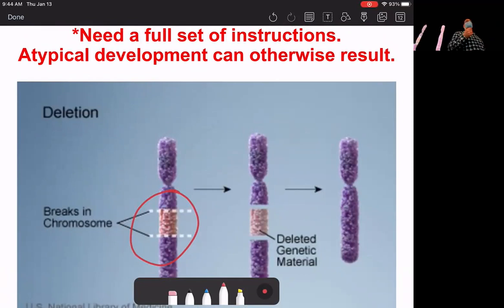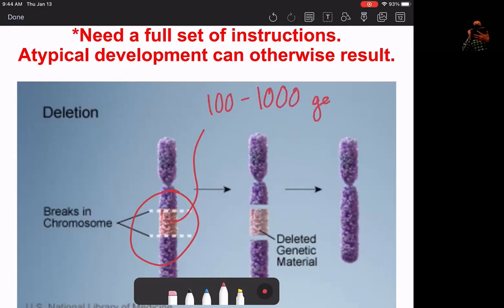So if you lose a small piece of one of the smaller chromosomes like 15, 16, or 17, this region is still hundreds, maybe thousands of genes? Just gone. Totally gone. So if that forms in a zygote, that cell is going to have an atypical set of instructions. The book has had pages ripped out.